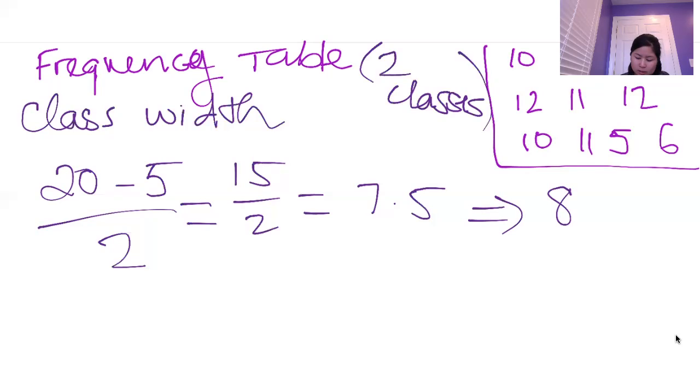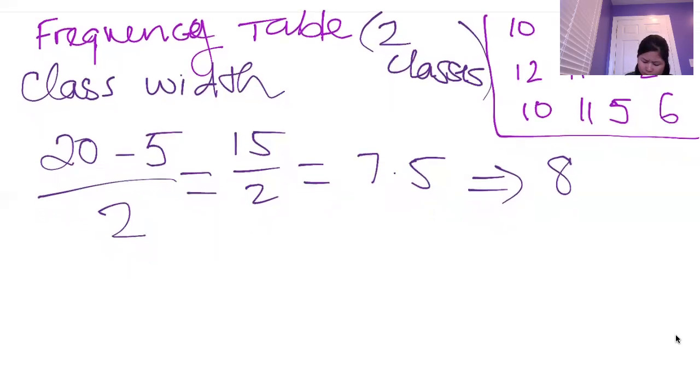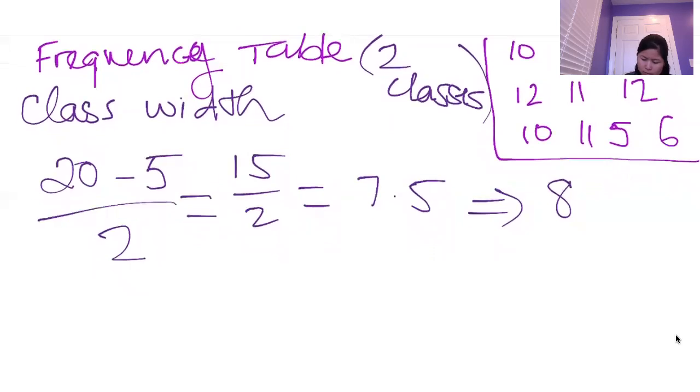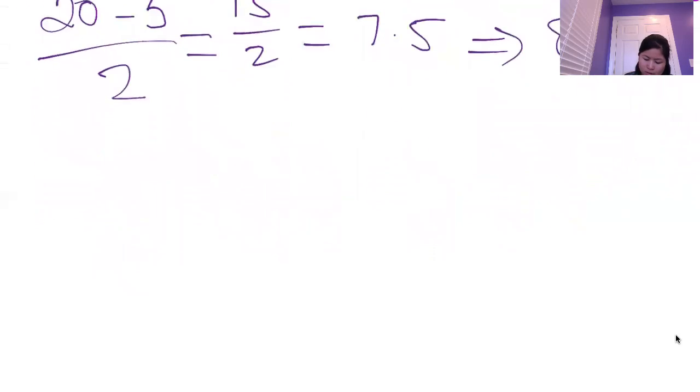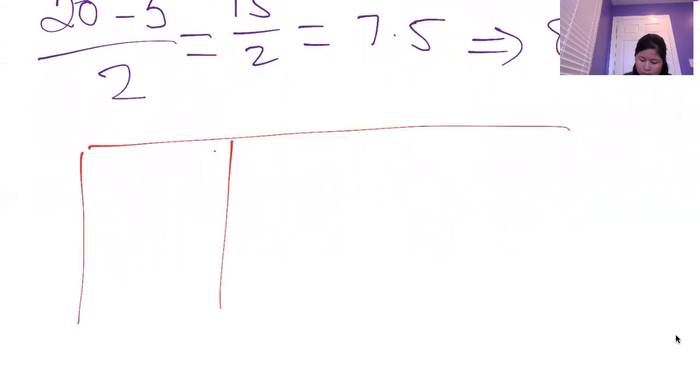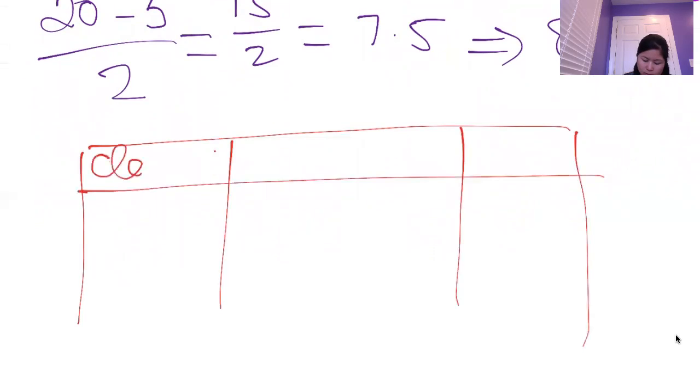What do I do with this number? When I create the table, you're going to construct 3 columns. The first one is the classes. This is the tally. The reason we have the tally is to make it easy for you to sum it up at the end.